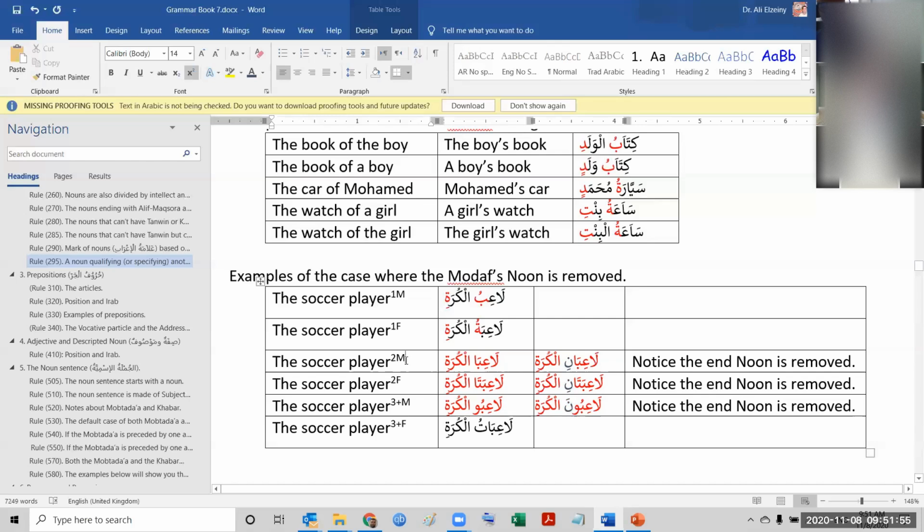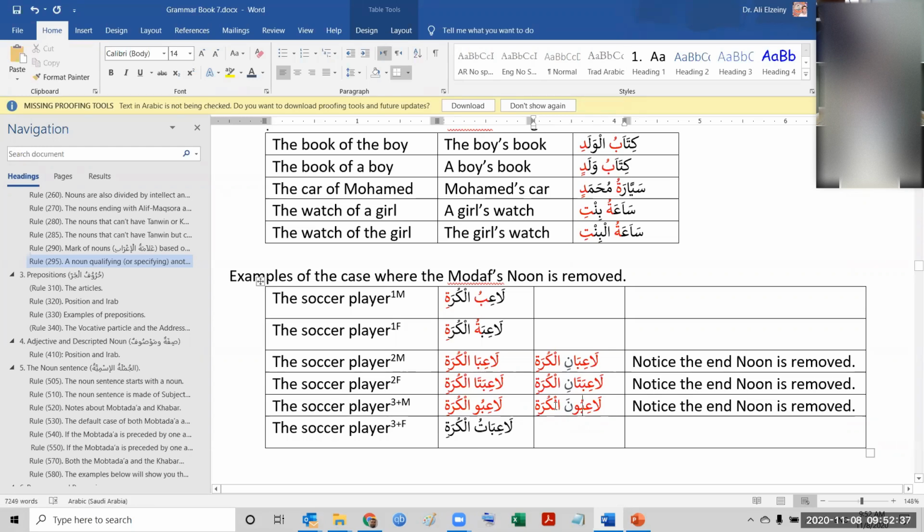If the player is two male, then it's لاعبان, but we want to make the pronunciation easier, so instead of saying لاعبان الكرة, we say لاعبا الكرة. And if it's two female, instead of saying لاعبتان الكرة, we say لاعبتا الكرة. Same thing if the players are three plural male, then we say لاعبون الكرة.